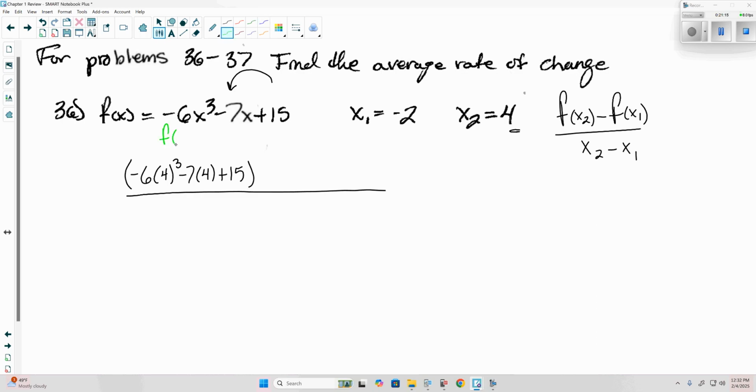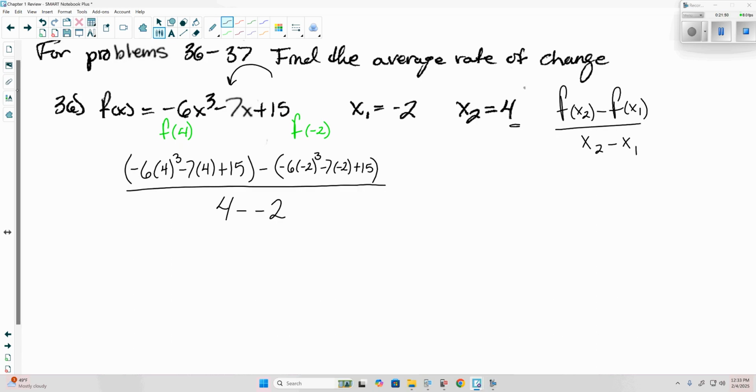So for here, this is our f of 4, our x2 value. And we're going to subtract from it our f of x1, which for us here would be f of negative 2. So we'd have negative 6 times negative 2 cubed minus 7 times negative 2 plus 15, all over x2 minus x1. Well, x2 is 4, x1 is negative 2.